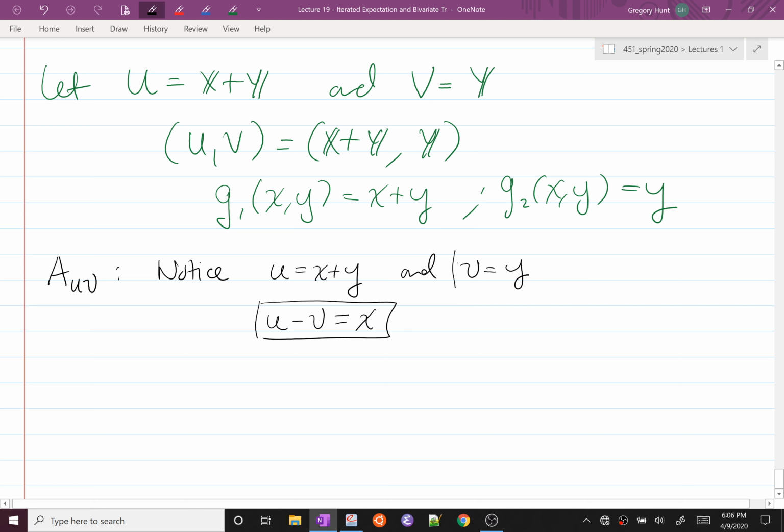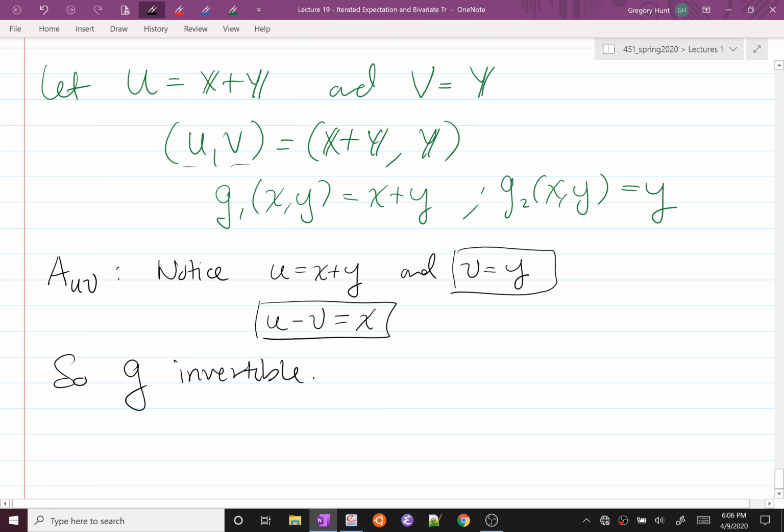And of course, if I want to get y, I just look at v. So if I know x and y, obviously I can plug in my formula and get u and v, sum x and y, and just take y. But if I know u and v, I can directly get x and y back. Well, y would be v, and x would be u minus v. So what this is saying is that g is invertible.